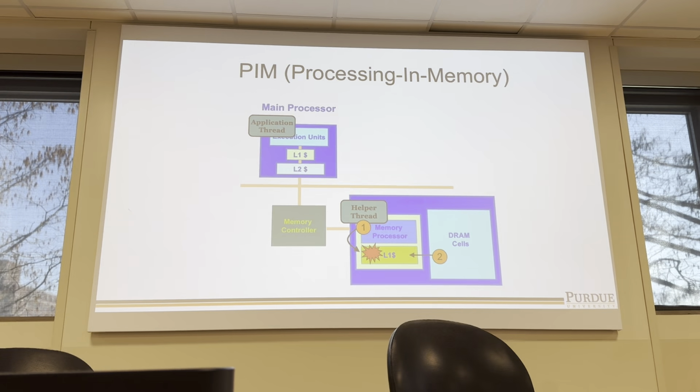That's why you have to do something additional right here. You fetch the data from memory to the memory processor's cache, and at the same time, you put that into the host processor's caches right there. The whole purpose is that before the application thread demands or asks for it, I will bring the data to the L2 cache so that it becomes a cache hit.